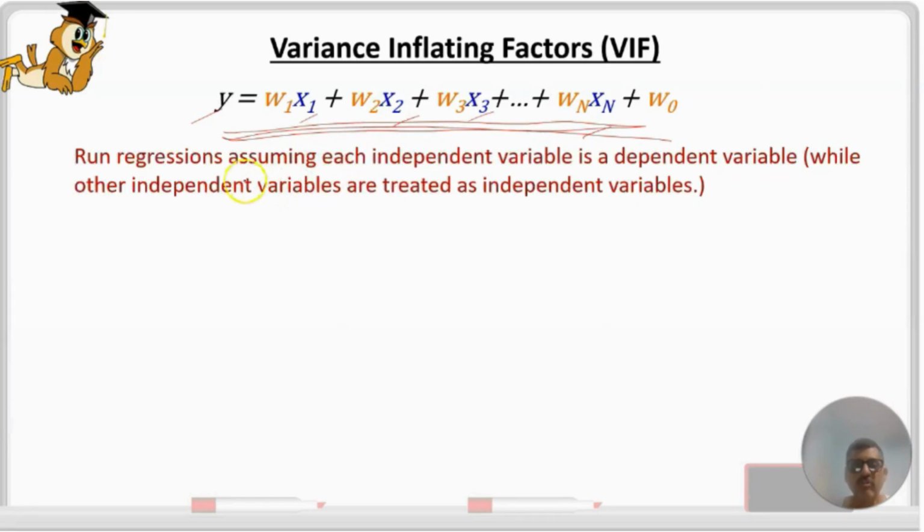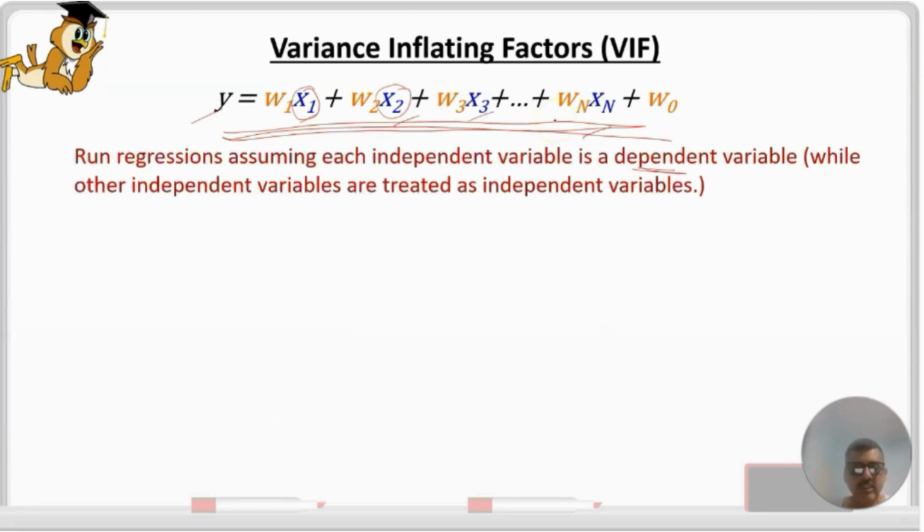To do that, we are going to run regressions assuming each independent variable is treated as a dependent variable, while the other independent variables continue to be treated as independent variables. So you try to write x1 in terms of all the other x's, then try to write x2 in terms of other x's, and so on and so forth.